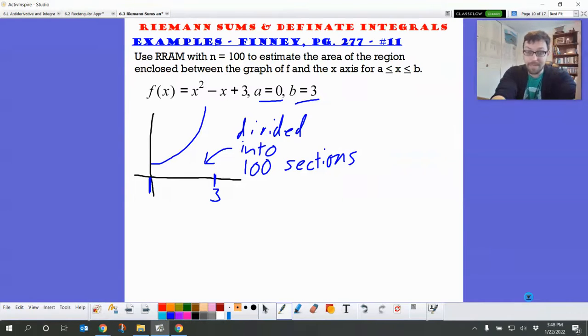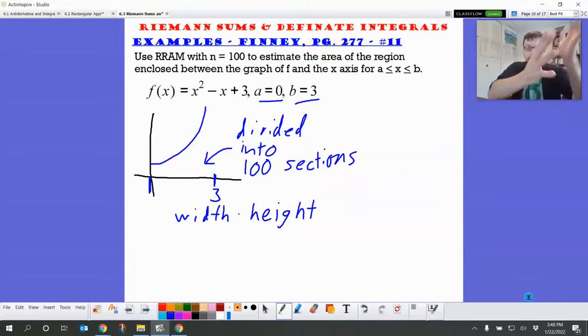So we've got our rectangles, and our rectangle comes up with a width, and we've got the height of all of those rectangles. So the width of each one of those, the full distance is 3, but it's only going to be a 100th of that.